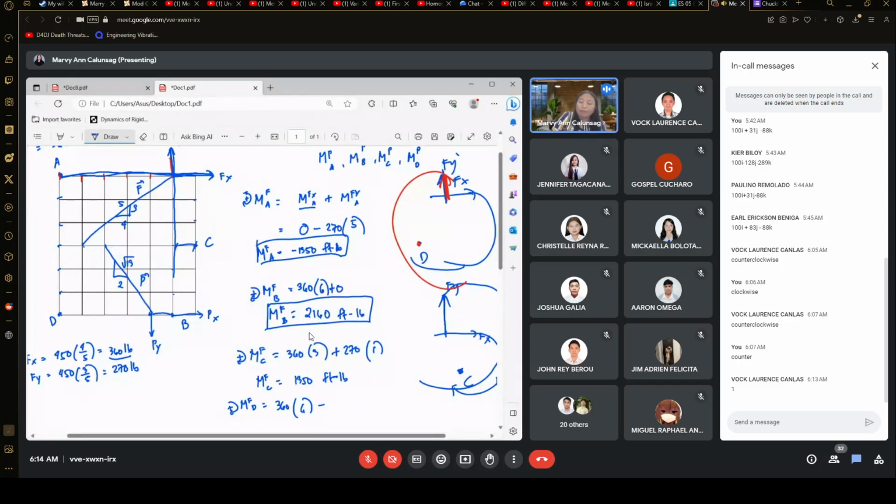Negative Fy. What is your Fy? 270. What is your moment arm? Mo na extend si Fy. 1, 2, 3, 4, 5 times 5 is equal to moment of F about D. Moment of F about point D is equal to 810 foot-pound force.